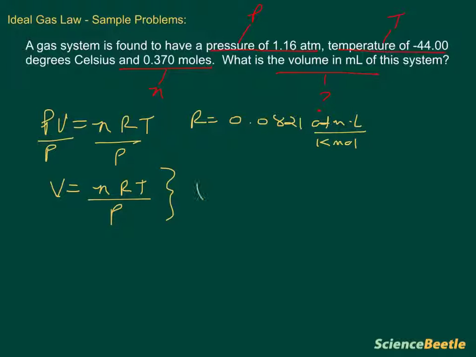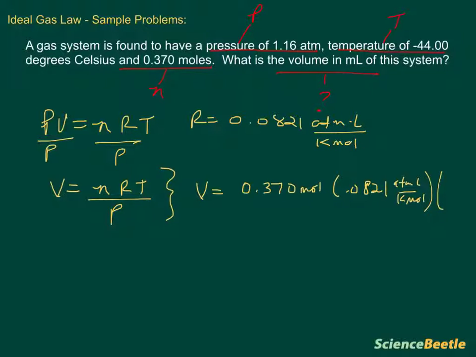Volume is equal to n, in this case 0.370 moles, multiplied by 0.0821, and I'm going to leave the units tiny here, atmosphere liters per Kelvin mole, multiplied by the temperature.